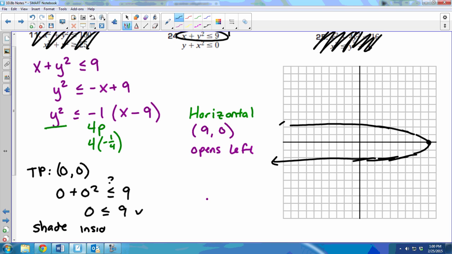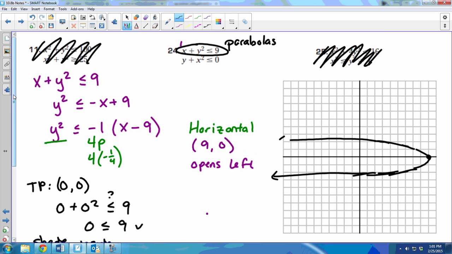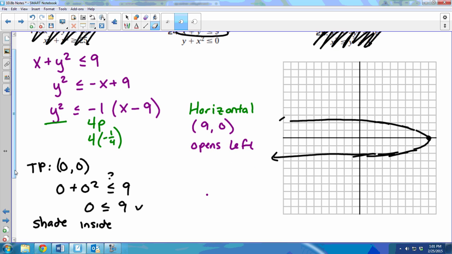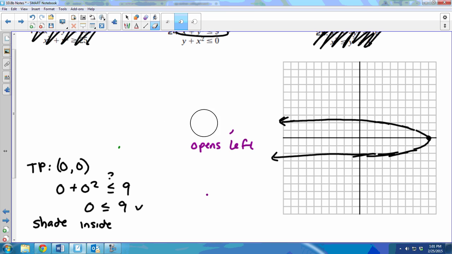We're shading inside that parabola. Good? Now can I do the second one? Can I erase all the stuff with the first one, except for the graph? It tells you if it opens left or right. If it's negative, opens left, positive, opens right. I'm going to leave the test point so I remind myself in a second where I'm shading.